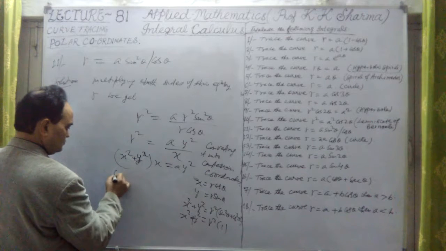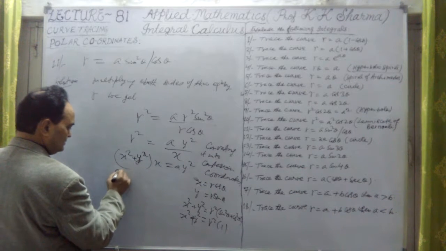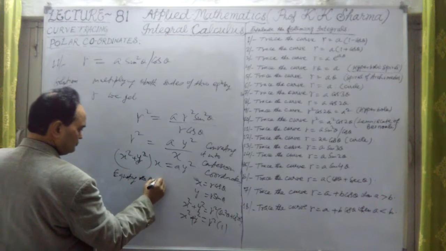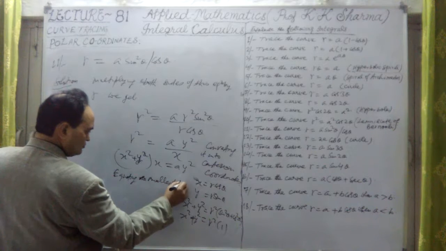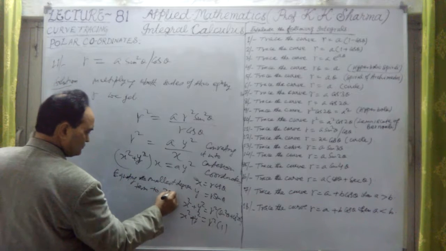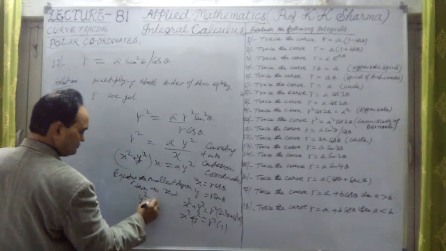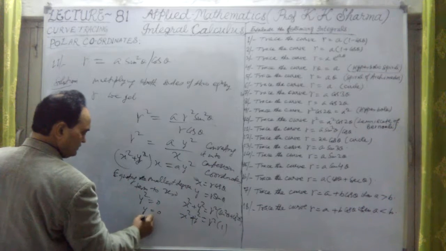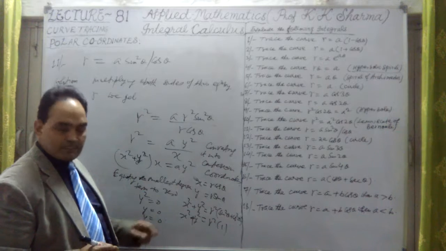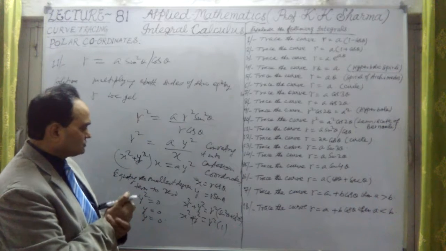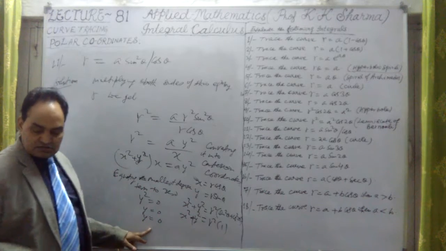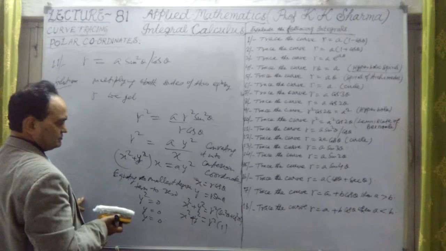Equating the smallest degree term of this equation to 0, that means a y square, or y square equal to 0, y equal to 0. It means coincident tangents are there, so the cusp type of curve will be obtained. There will be a cusp here.